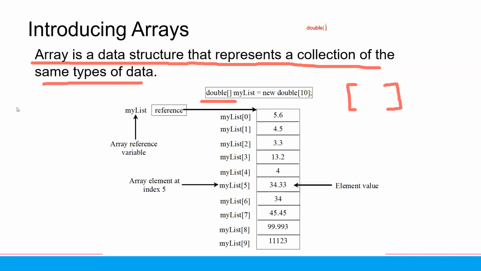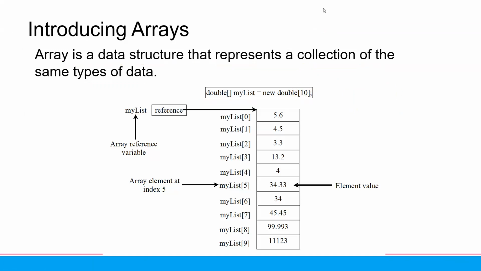How many numbers do I want to insert? Here I will define 10 numbers. So the way to define this one is something like double, in the form of an array, and then you can define your variable name. For example, myList. And then you will define it as a new double.